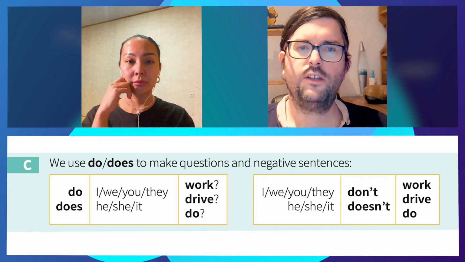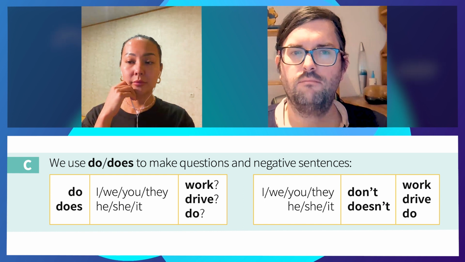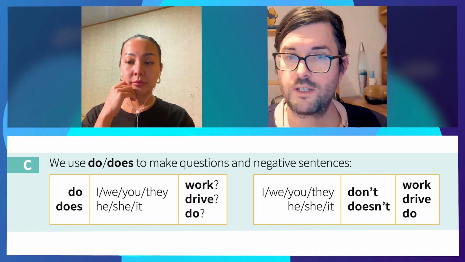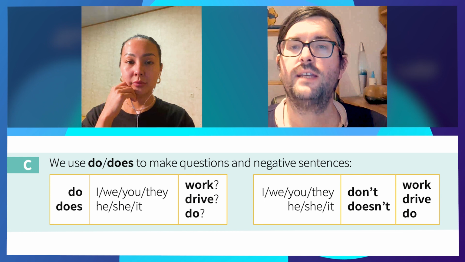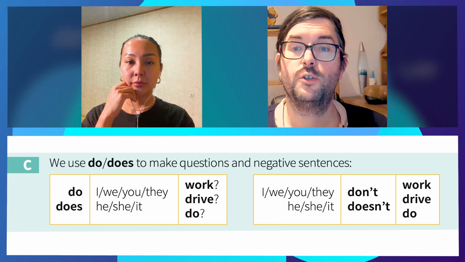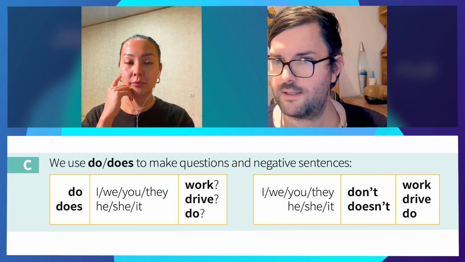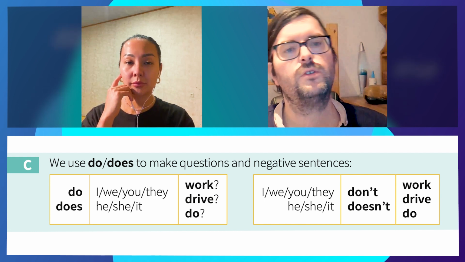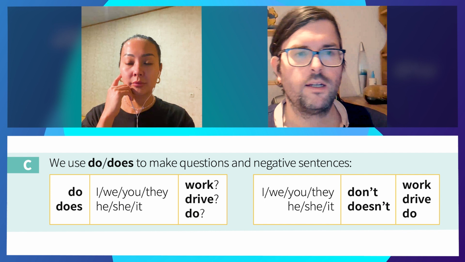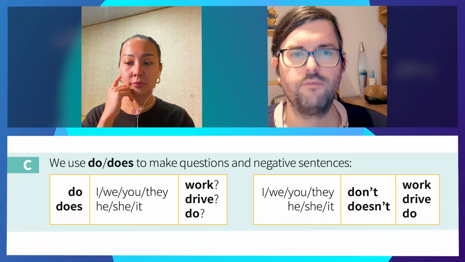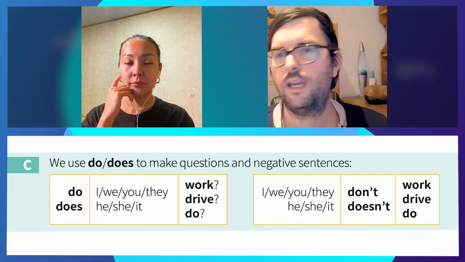And when you're talking about forming questions and negatives, we need to use the auxiliary verb do, which for he, she, and it is does. So for example, do I work? Do we drive? Do you do? Do they work?